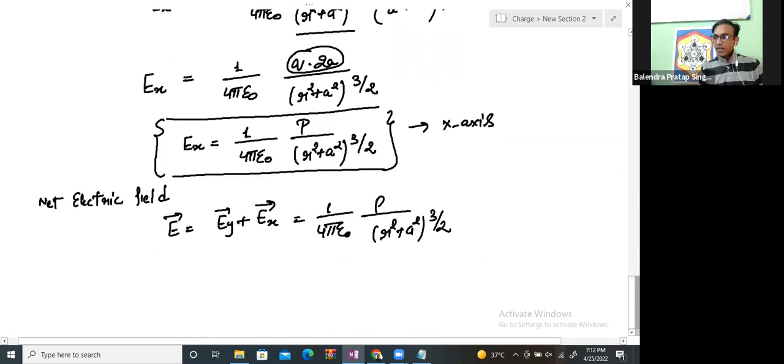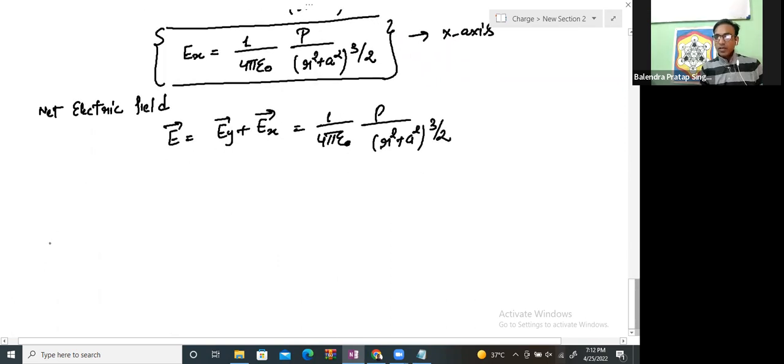So for the net electric field, you can see in the diagram, if this is our negative q charge and this is our positive q charge, the direction of the dipole moment is from negative to positive. The net electric field at the equatorial line is along this direction.